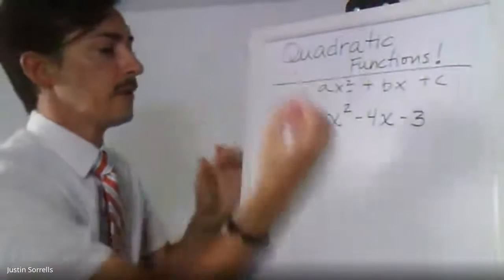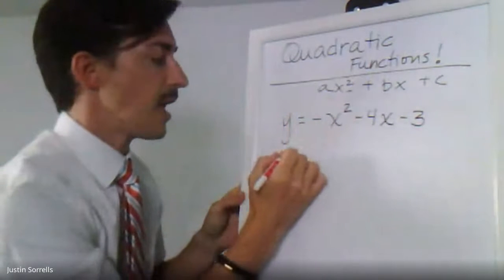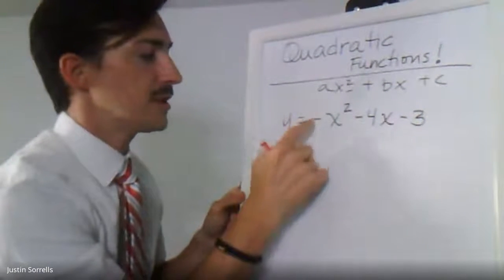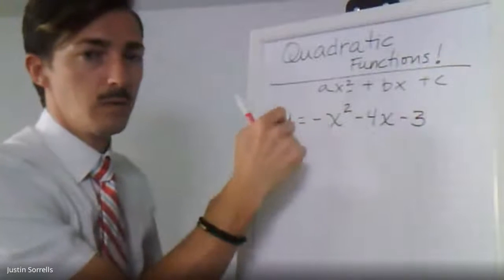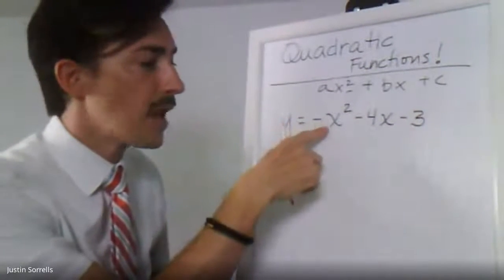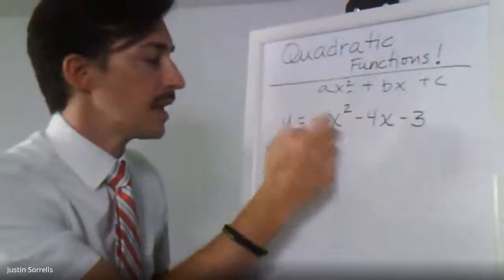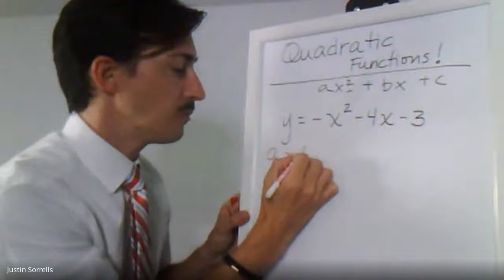Remember, a is in front of your x squared term, so a equals negative 1. What? There's not a 1 listed. You're right. If there's not a number listed, it's automatically assumed to be 1, so that negative goes in front. Negative 1.